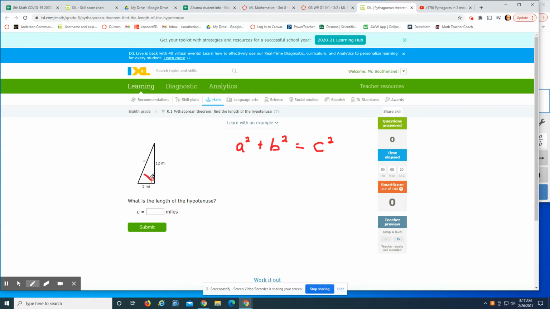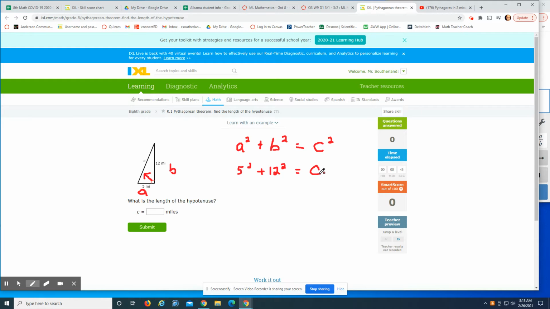C squared is always going to be the one across from the right angle. Then the other two, we always label the smallest one A and the next biggest one B. So this says that 5 squared plus 12 squared is equal to c squared.